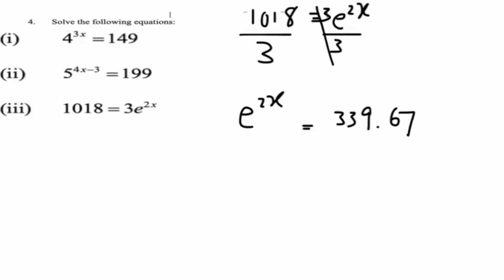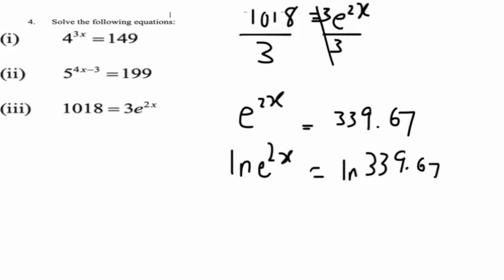Now, after doing that, I am going to log both sides. But instead of using log, I'm going to ln both sides. I have ln e to the 2x equal ln 339.67.